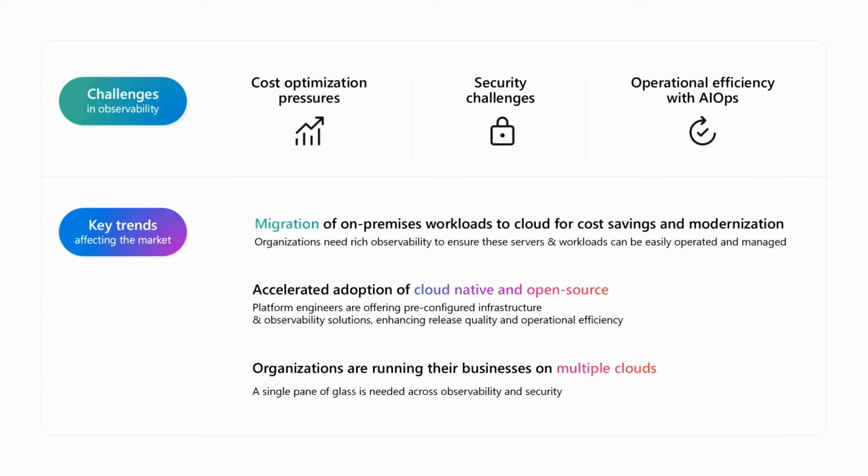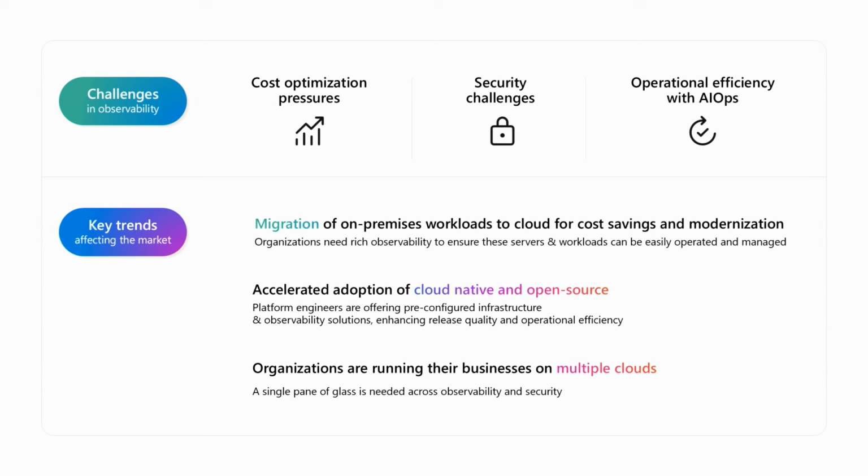Some of the key trends we are also noticing, and you might be in one or more of these. We are seeing more and more customers migrating their workloads from on-premises to the cloud, and they need their observability to continue to function as is, maybe more cost-effectively, in a more modern fashion. More and more customers are going cloud-native as well, using open-source technologies.